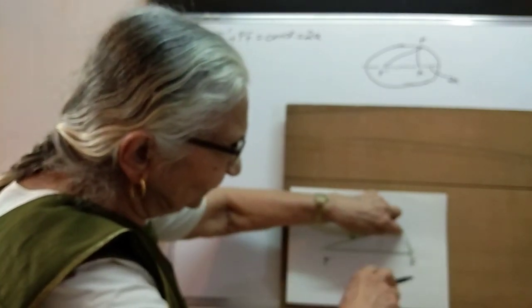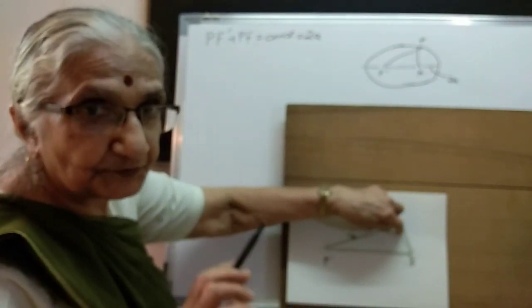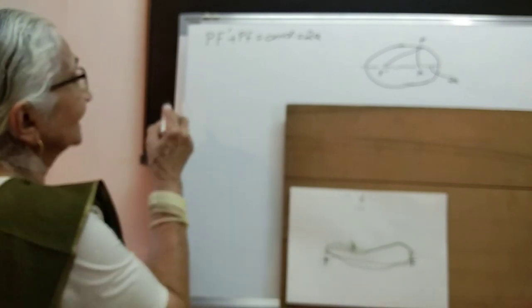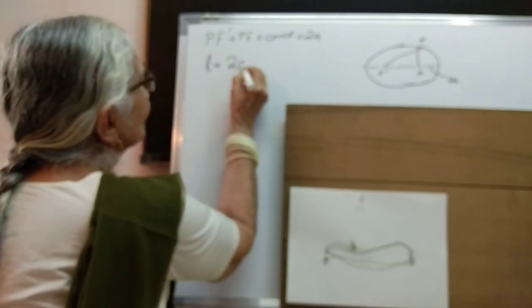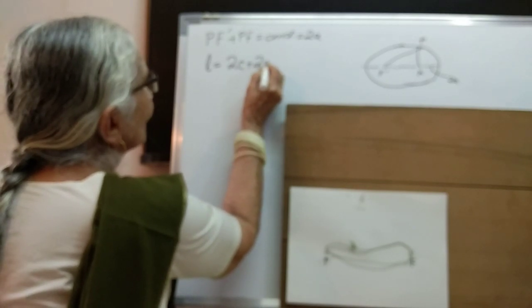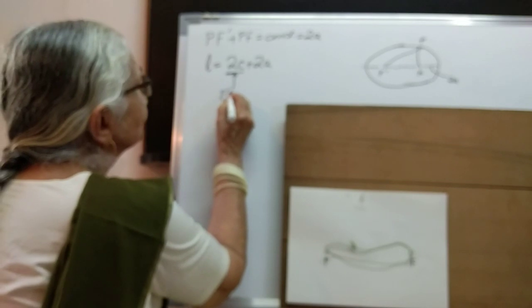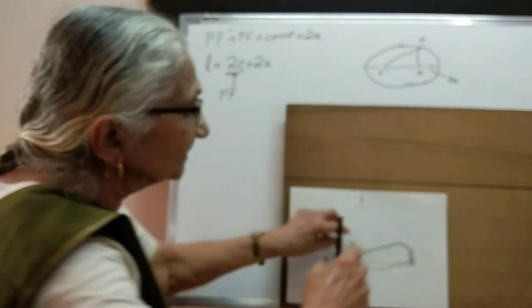We have taken a loop which is F dash F, that is 2c, plus 2a. We may write it down. We have taken the length of the string, total length is 2c plus 2a, and 2c is nothing else but F dash F.